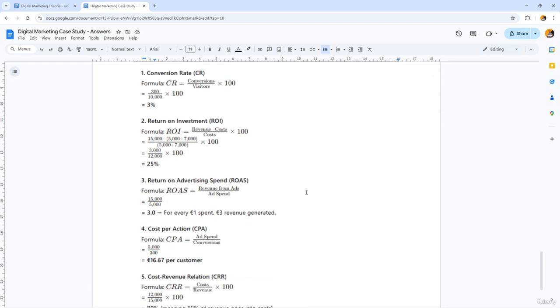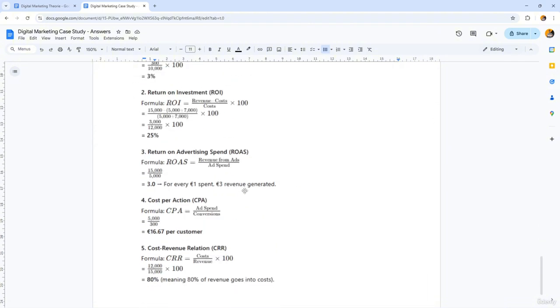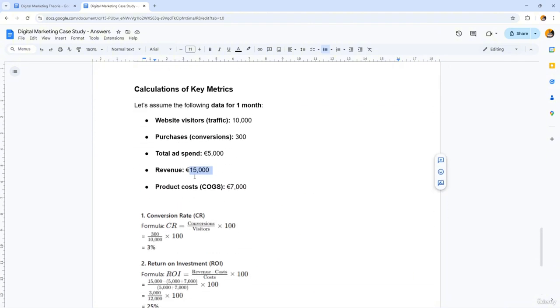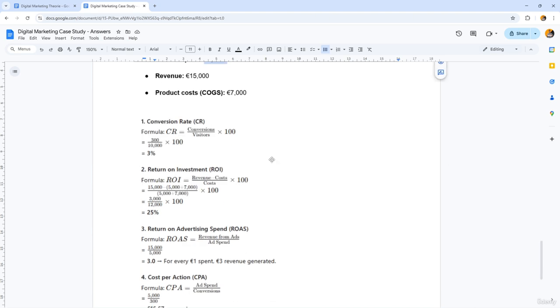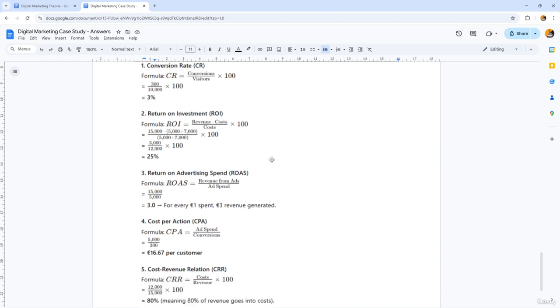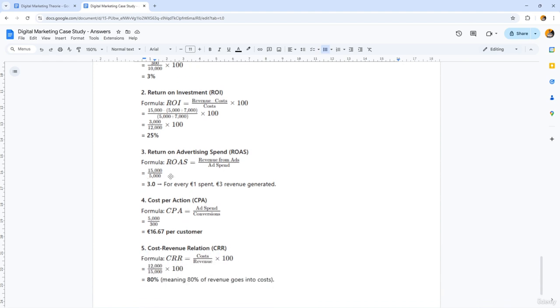Return on advertising spend is revenue from ads, which is basically all the revenue, because we just say that nobody knows us, so nobody buys organically, divided by the ad spend. So 15,000 divided by 5,000 is a 3, which tells me for every 1 euro spent, 3 euros are revenue.